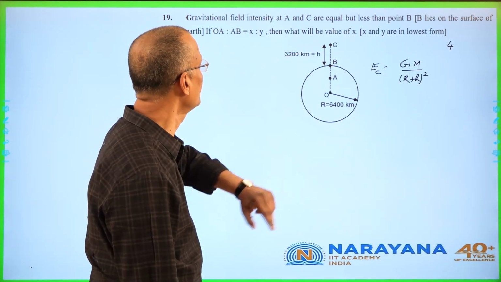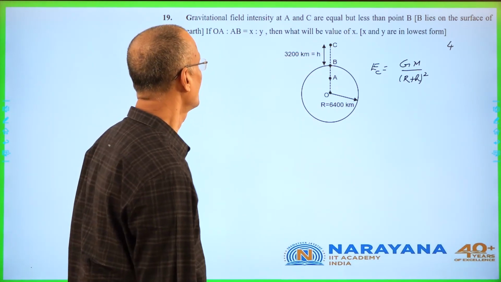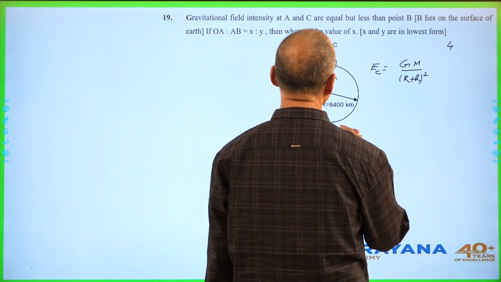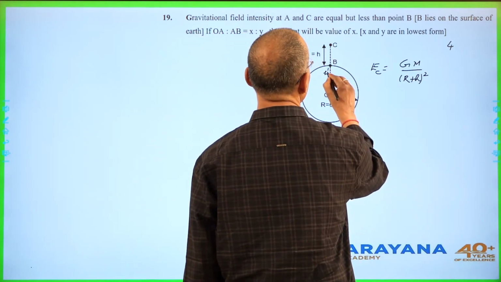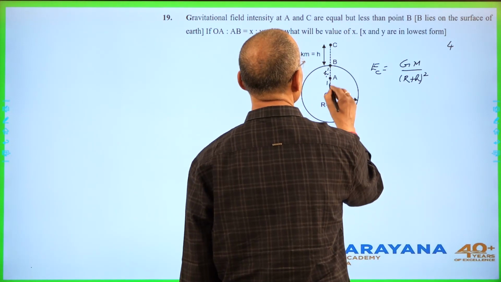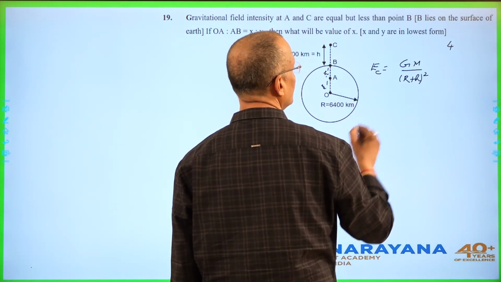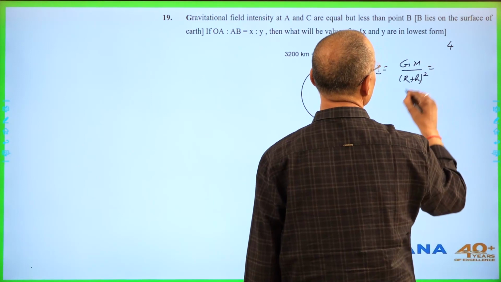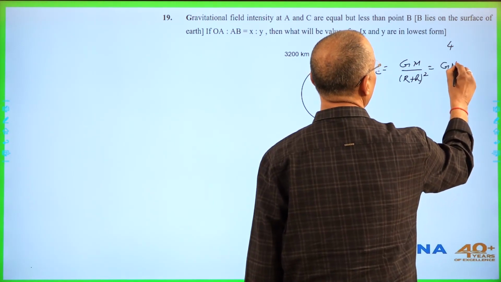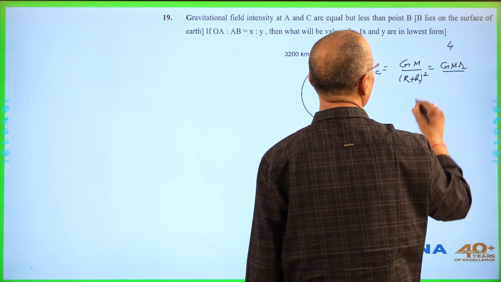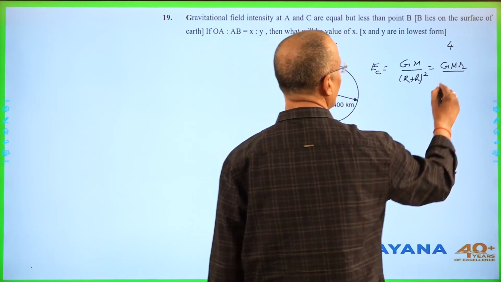And now for the A point, you take OA as a small r. So this will become how much? GM r by, okay, no, R cube.